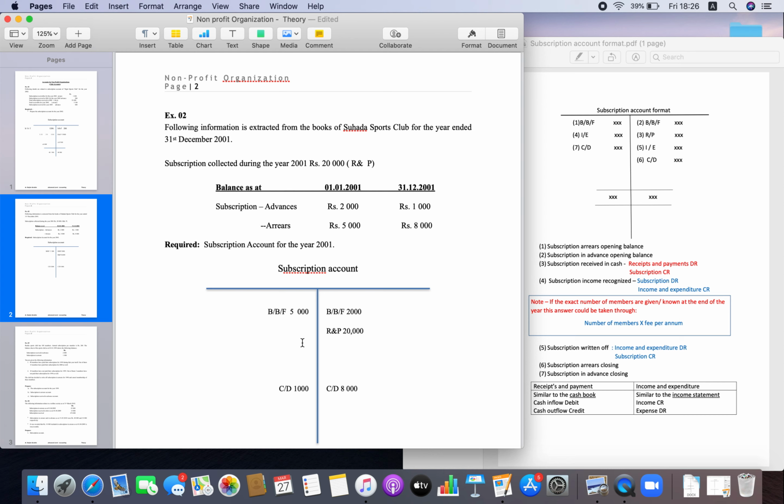Like the last question, we have to find how much is missing on this side. The missing figure is what you should label as income and expenditure. Number one, total up this side. When you total up the credit side, 2,000, 20,000 and 8,000 will give you 30,000. Please take 30,000 as your total.